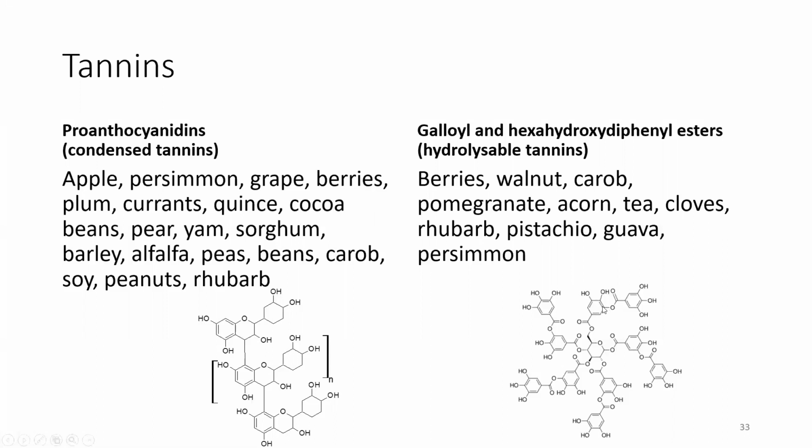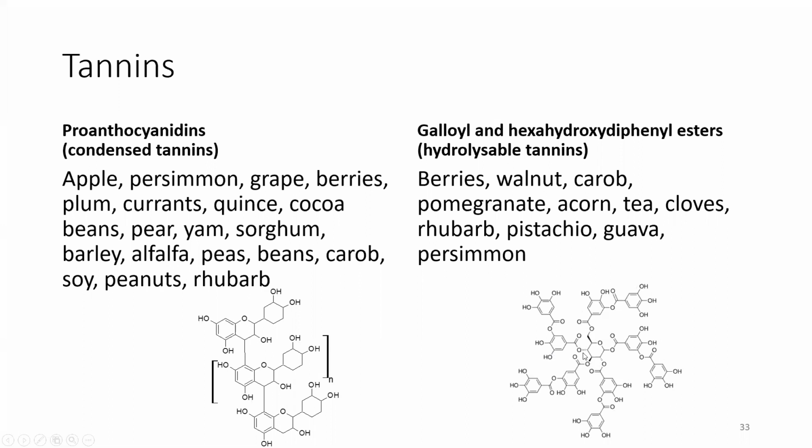So let's look at these hydrolyzable tannins. These are very different, aren't they? In hydrolyzable tannins, this middle section here is a sugar, and all these things on the outside are phenolic acids. In this case, this is gallic acid on the outside here.